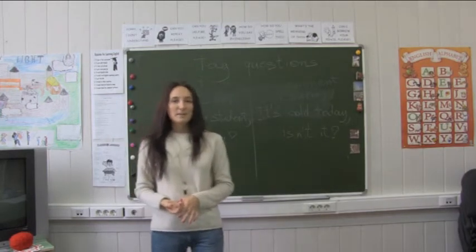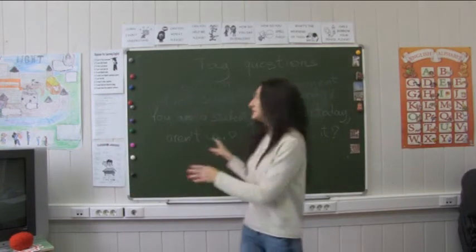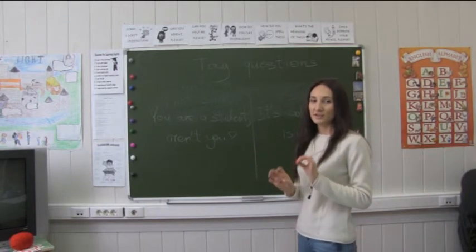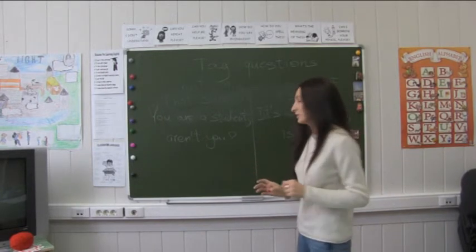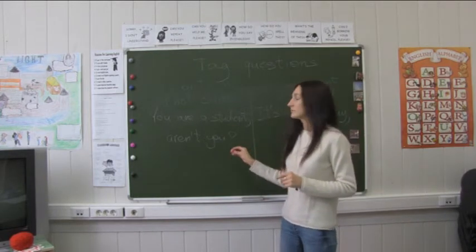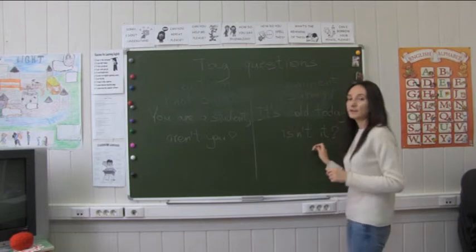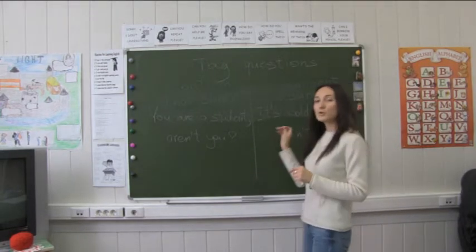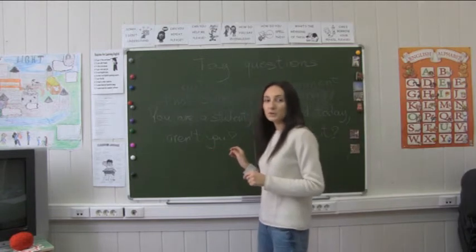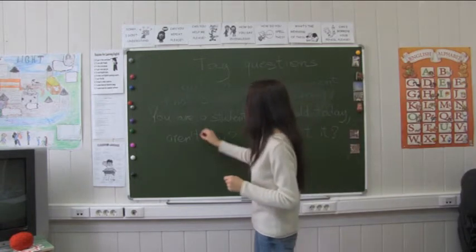And then, maybe you have noticed that in these two sentences I use different intonation. So look again. You're a student, aren't you? It's cold today, isn't it? So when I'm not sure in what I say and I need your answer, I use rising intonation.